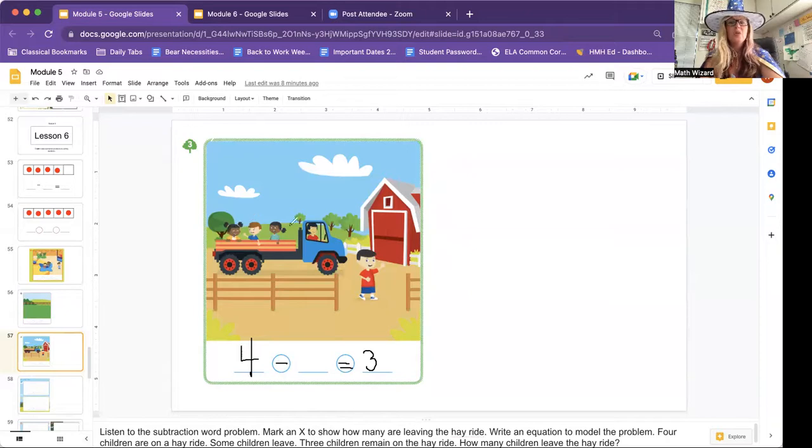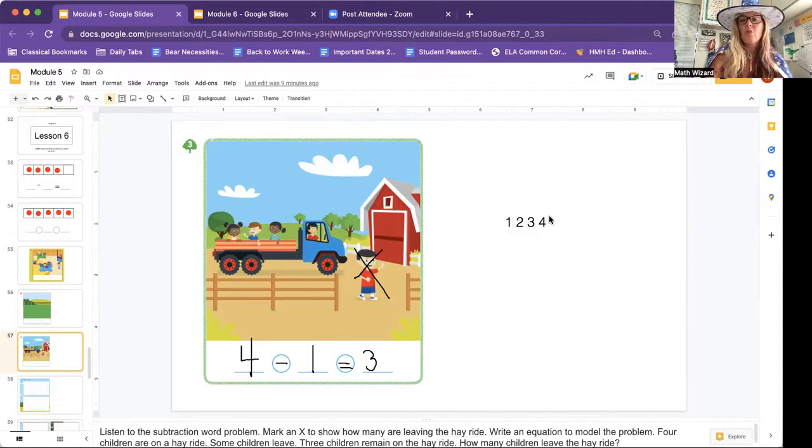We have 1, 2, 3, 4. We're going to cross out until we get to 3. So we're starting at 4. Let's cross 1 out. 4, 3. Stop. How many left? 1 left. Okay. The other way that we could have done that is, again, if we put it like this, we have 4, we can go backwards, right?